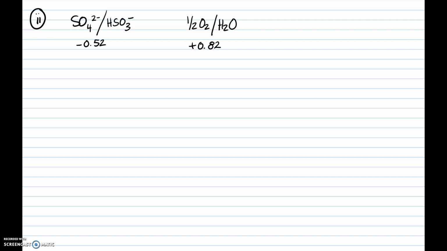So the first thing that I'm going to do is identify which side is being reduced and which side is being oxidized. So we learned that the higher E0 prime value is what's going to be reduced. So in this case, I'm going to write GR, which stands for gain electrons, reduced.